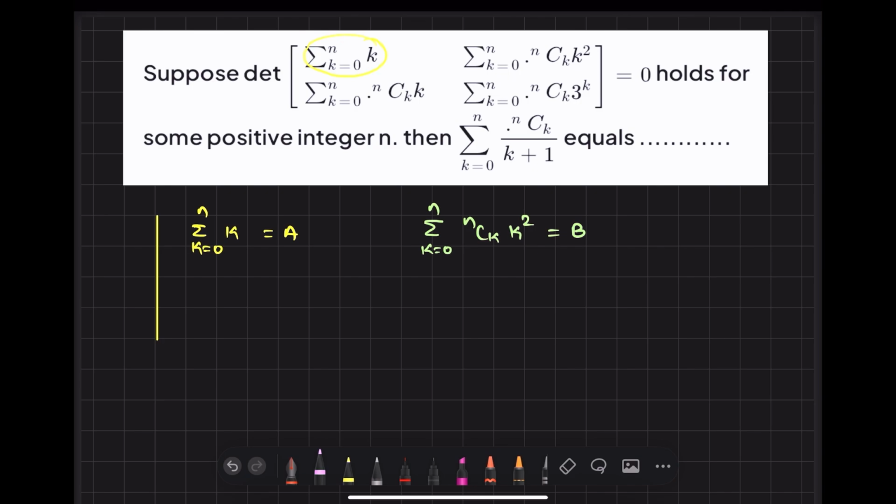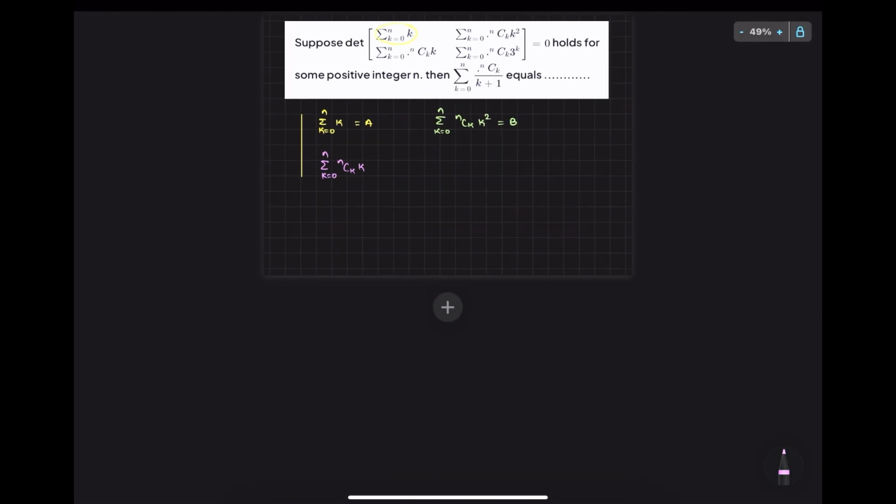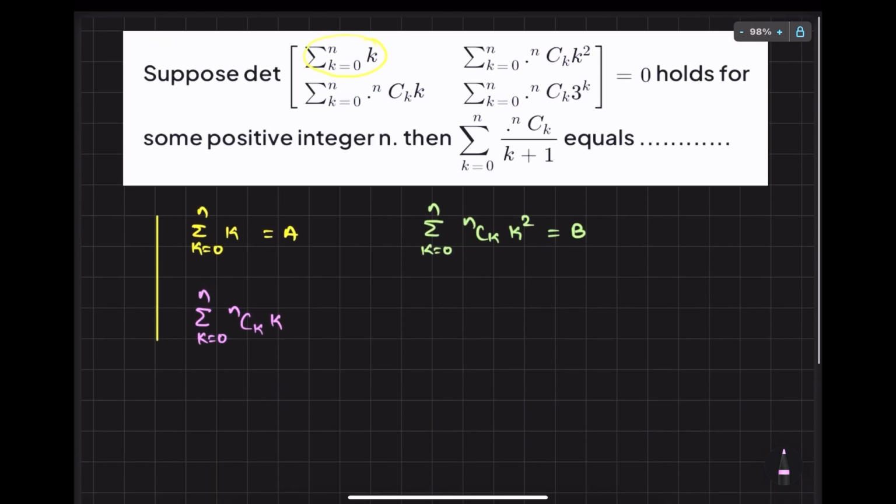Now the next element is summation k starts from 0 to n, C k times k. I will call this element c.